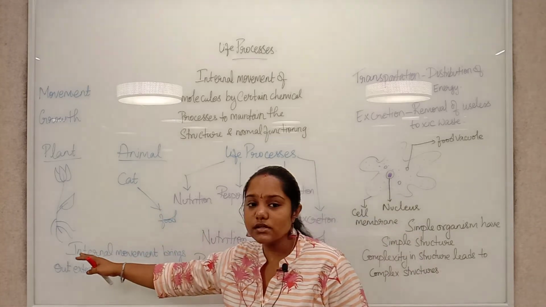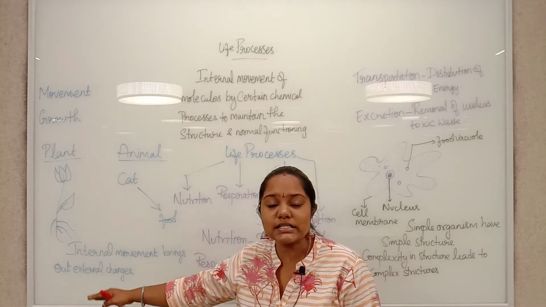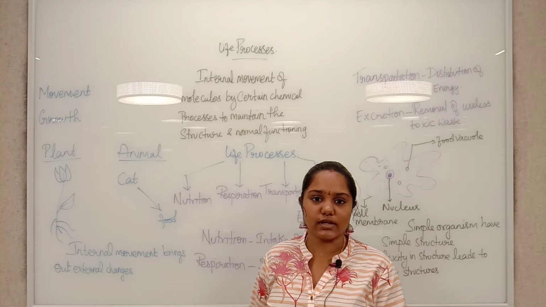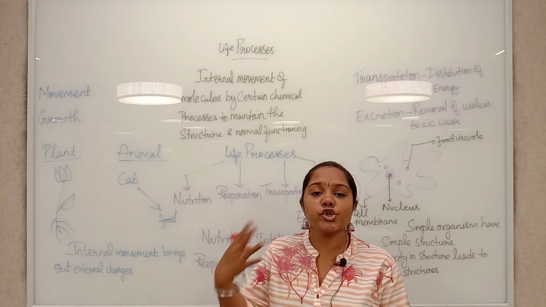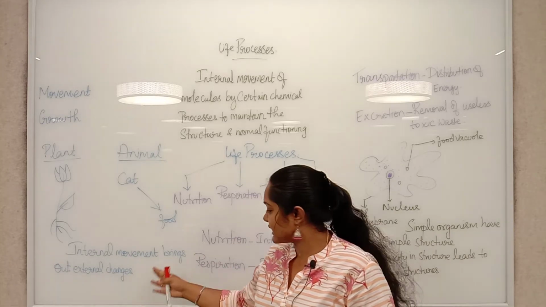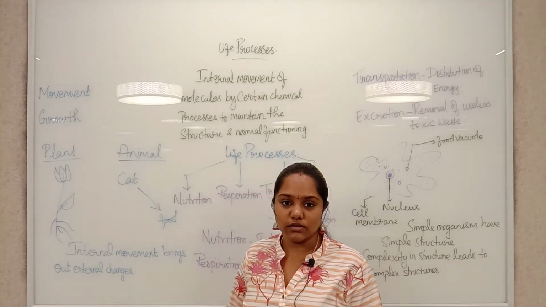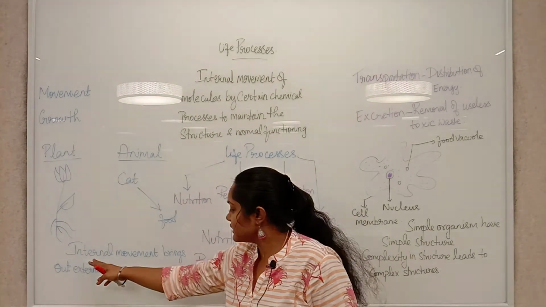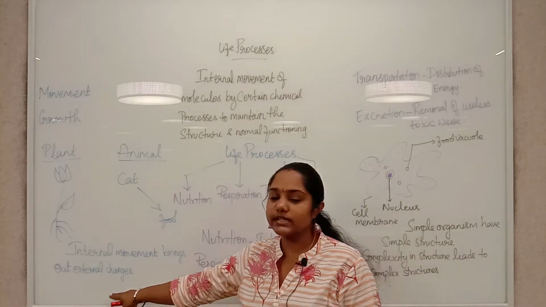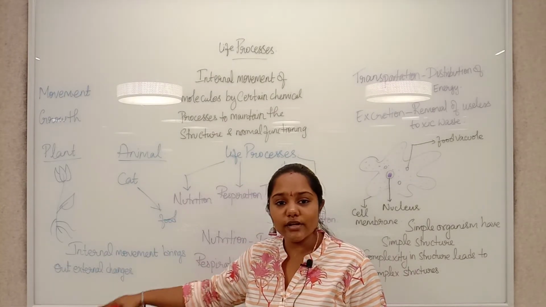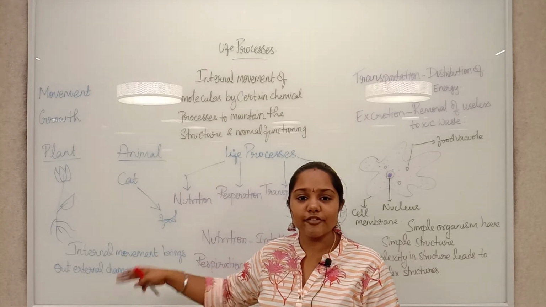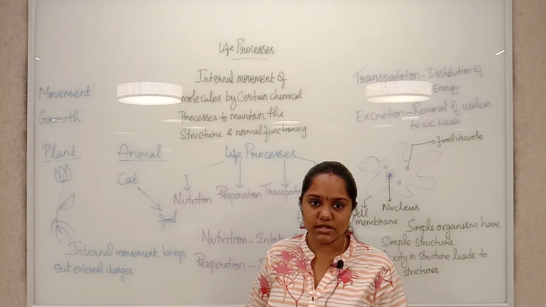Such internal movements, unless they happen inside the body of a living organism, cannot bring out external changes like movement and growth. Simply, the internal movement brings out external changes to differentiate something as living and non-living organisms.